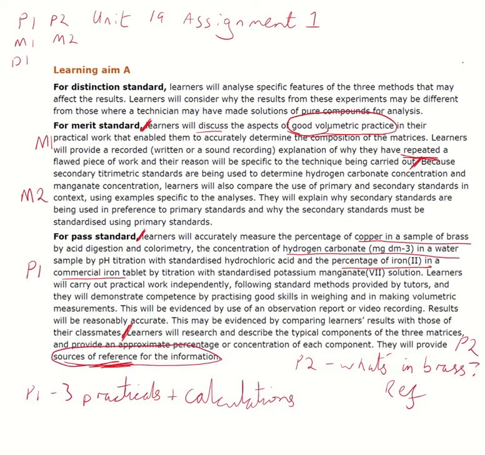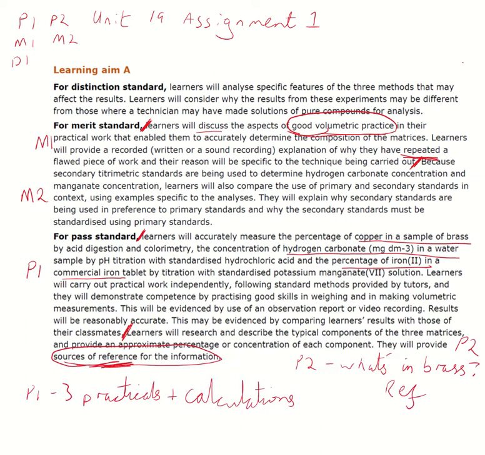So try and think about if the chemical you were using, it may not just have been one part of it that would have been reacting. What would happen to your results if there were other things within, say, your iron supplement tablet that were going to react with the potassium manganate? How would that affect your results? And what would that make you think about the amount of iron that was actually present in the tablet?